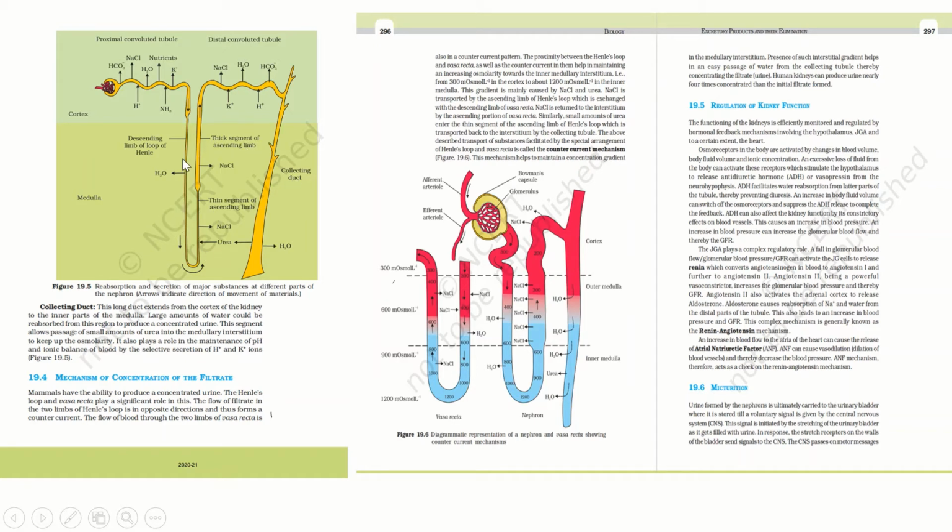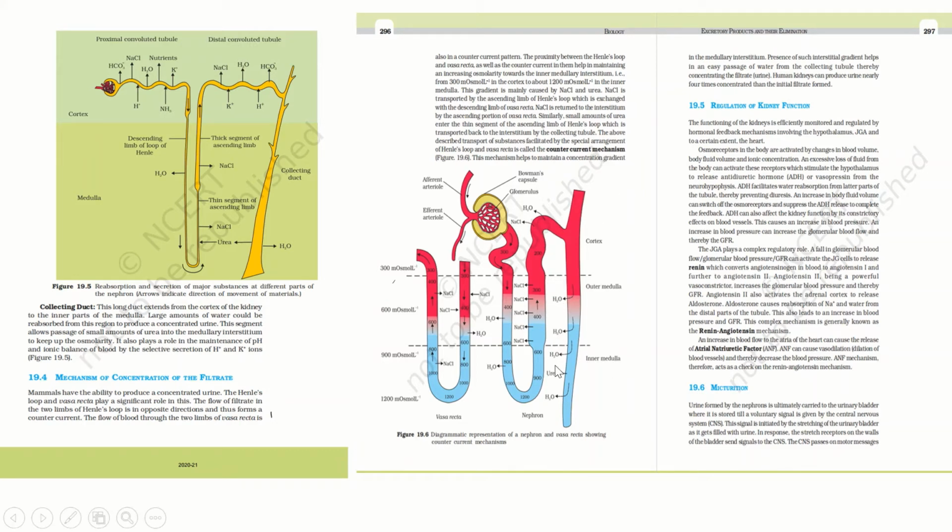So there is a counter current mechanism, and you can also see that urea enters the tubules of the nephron, and NaCl is reabsorbed into the interstitial fluid. As it moves from the ascending limbs towards the distal convoluted tubule, the osmolarity decreases. So this is how the osmolarity is maintained via the counter current mechanism in the loops of Henle, right?